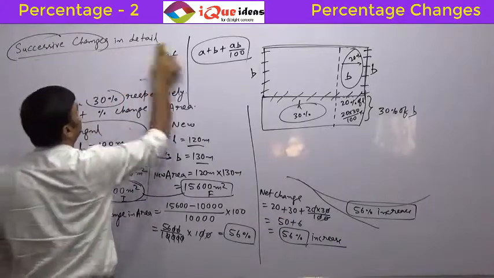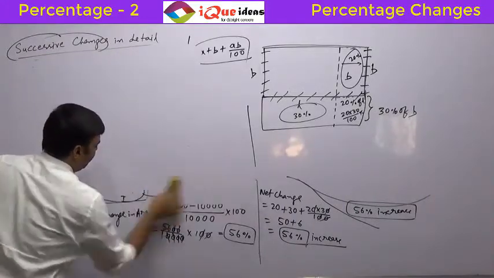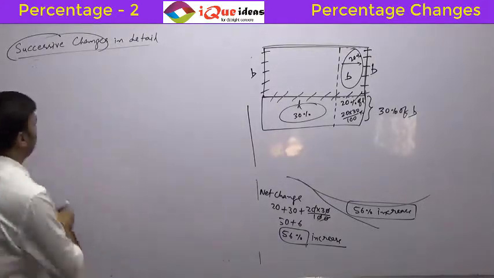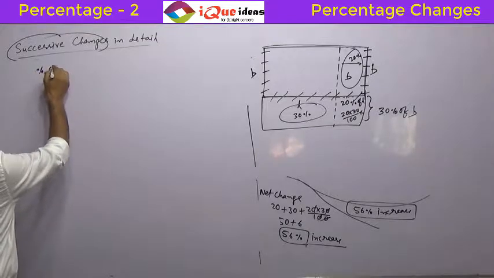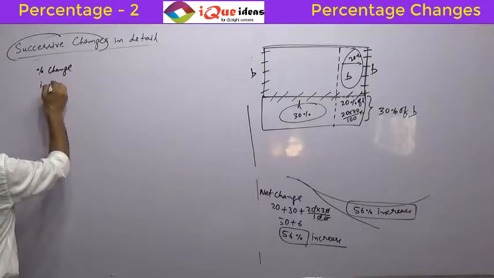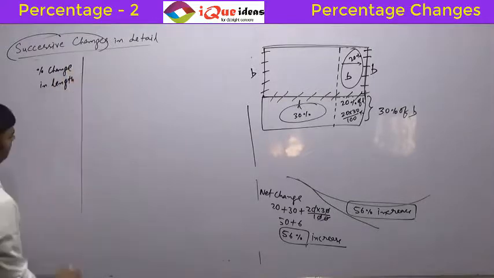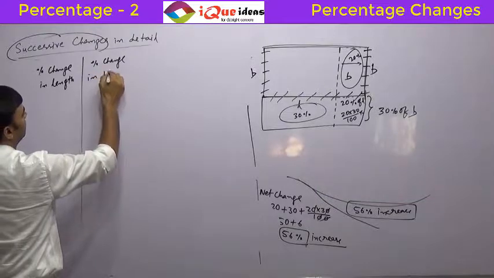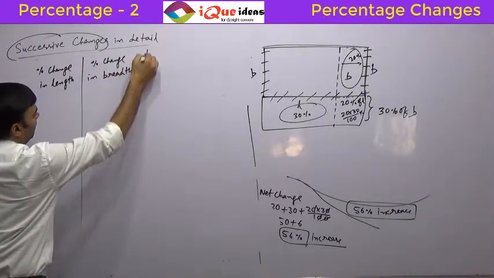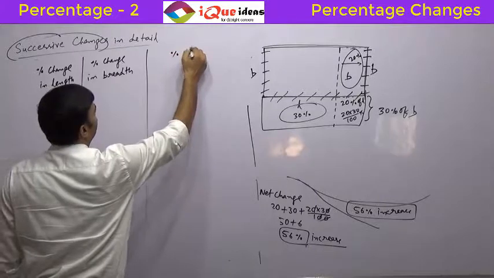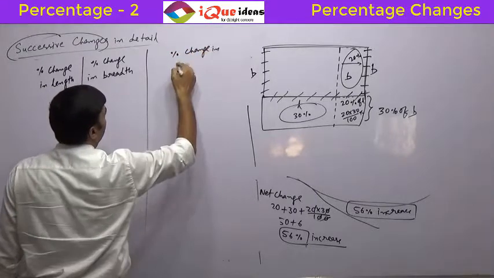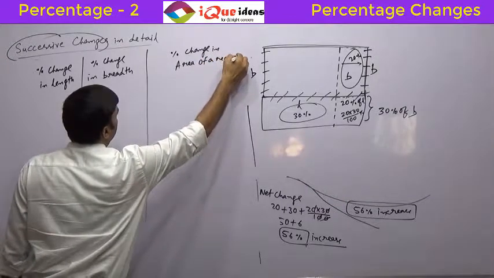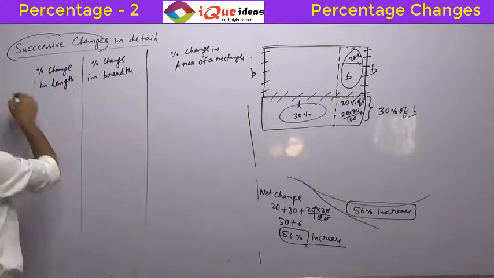What I'll do is I'll give you a simple table, and from there we'll try to find the net change in area. So let's say I put it like this: percentage change in length, percentage change in breadth, and you have to find the percentage change in area of a rectangle, for which the changes in length and breadth are given.